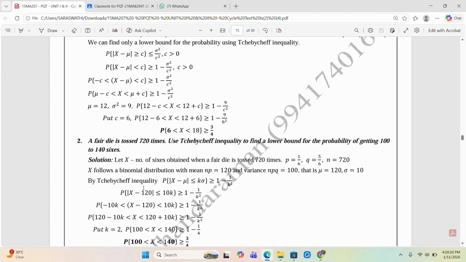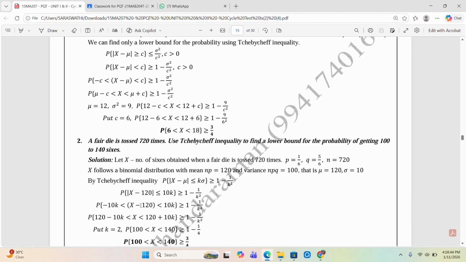So it is less than or equal to 10k, which is greater than or equal to 1 minus 1 by k square. So this is of the form mod x less than or equal to 1. We have the formula mod x less than or equal to 1 is equal to minus 1 less than x less than 1. So the same we can write as minus 10k less than x minus 120 less than 10k, which is greater than or equal to 1 minus 1 by k square. It is the value of x we have to find.